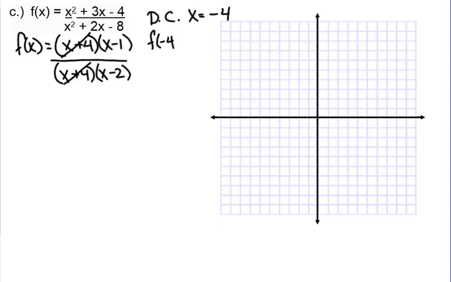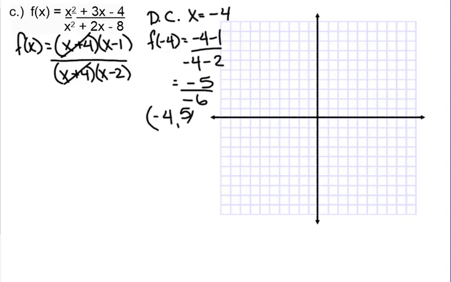So f of negative 4 is equal to negative 4 subtract 1 over negative 4 subtract 2. So negative 5 over negative 6, or positive 5/6. So our point is negative 4 and 5/6. Our function we're then left with is x subtract 1 over x subtract 2.